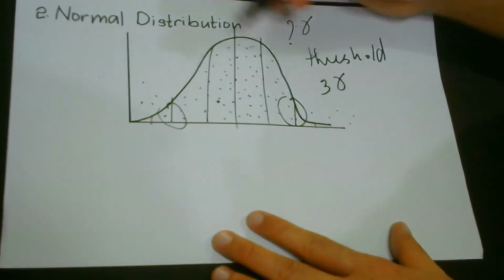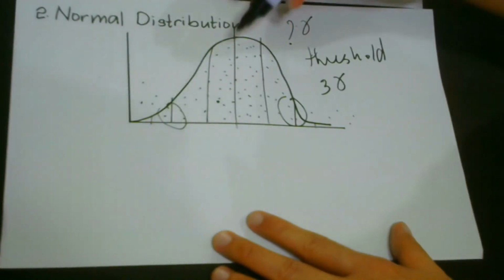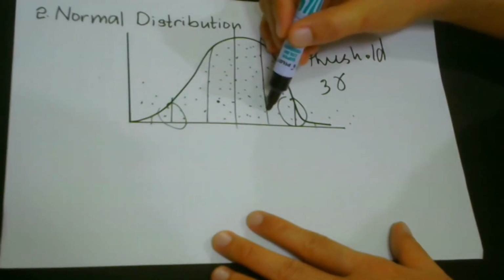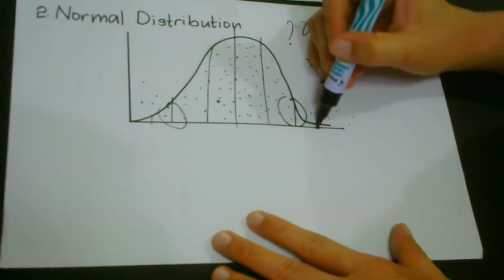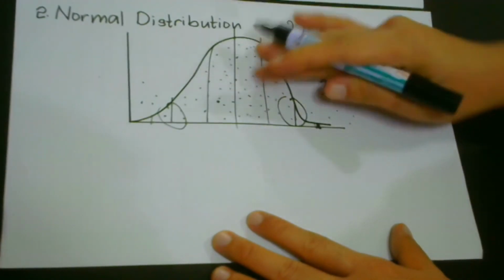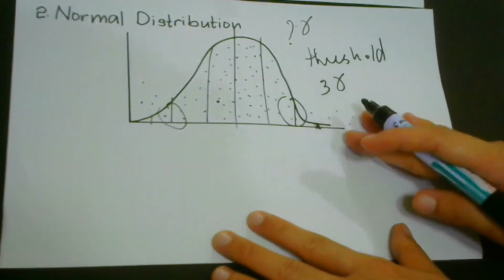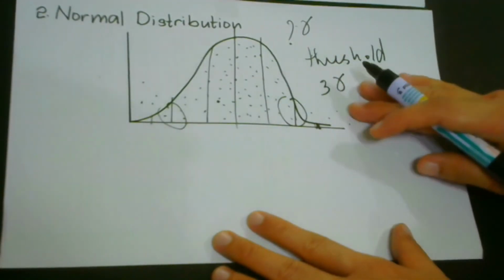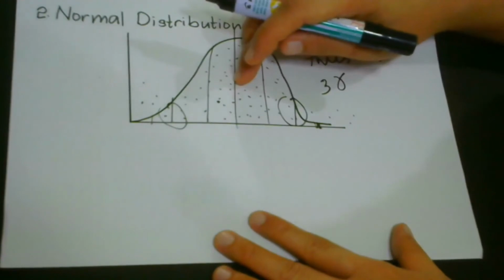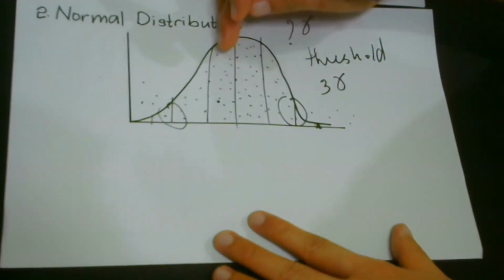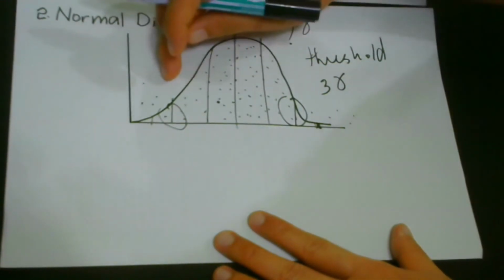For example, we will just count 1, 2, and 3. The points going to the right that are beyond the 3 standard deviations are suspected to be anomalous. And the same situation also in the case of this part to the left.